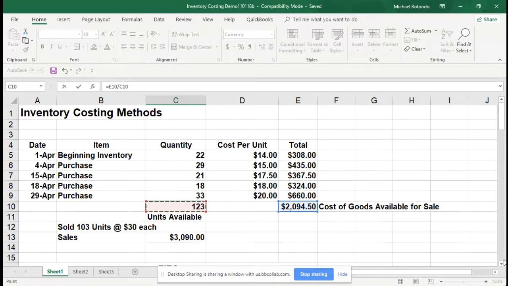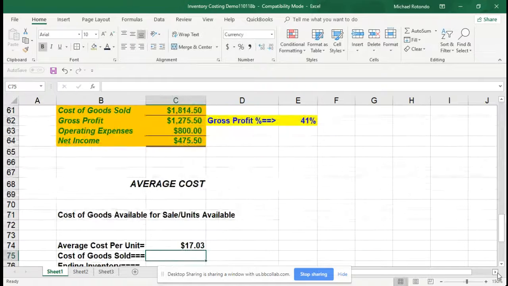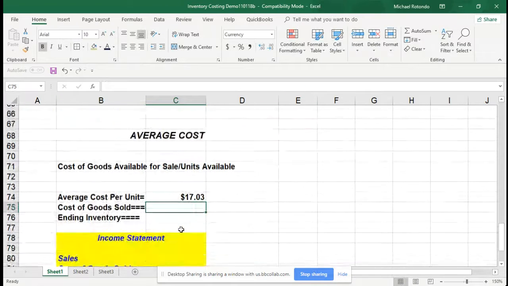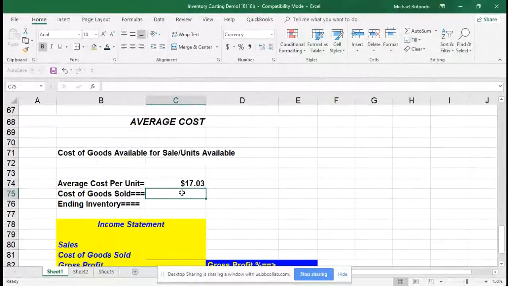And that will give us an average cost per unit. This is also called the weighted average method, because you can see it weights it based on the number of units there are for each lot or purchase. And then if we press enter, we get an average cost per unit of $17.03.